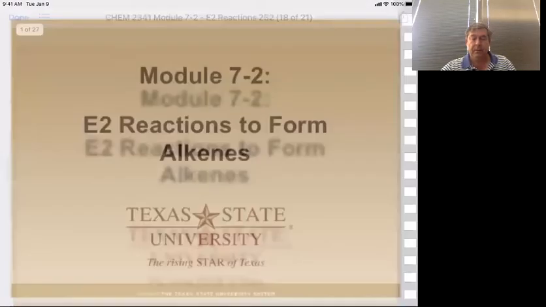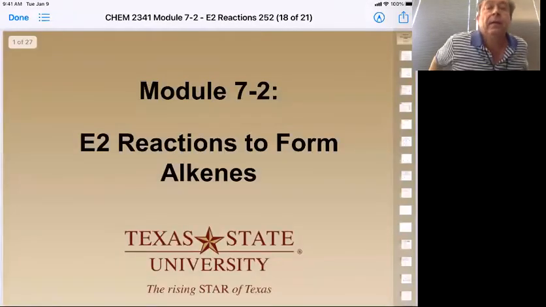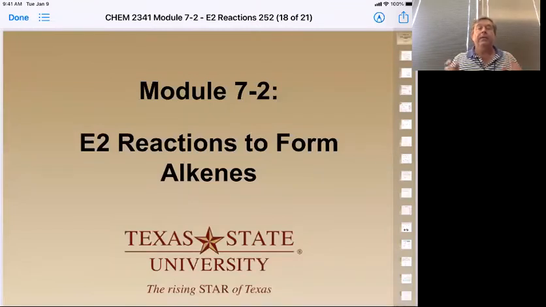E2, okay. So an E2 reaction, as the name suggests, is going to be a bimolecular reaction. Therefore, the base itself is going to be present in the transition state, okay?